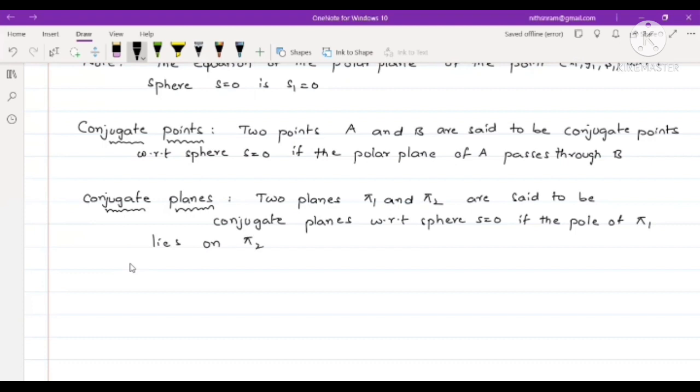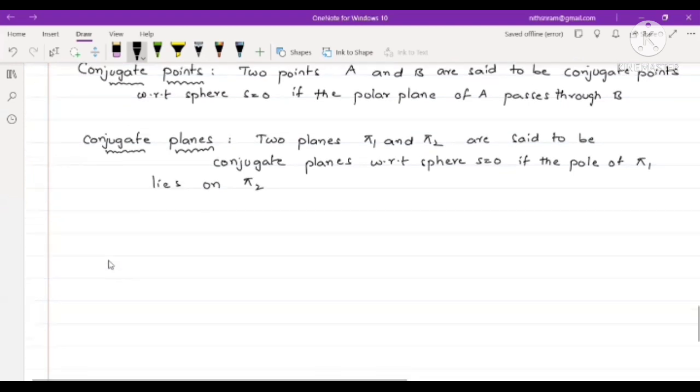It means first of all we have to find the pole for the first plane, and if the pole of the first plane lies on the second plane, then we say that the two planes are conjugate planes.